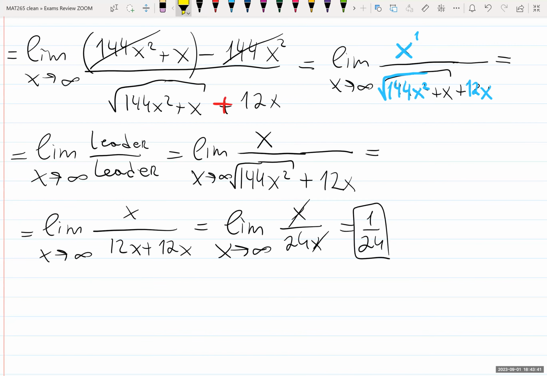This idea of finding the leader at the top and the leader at the bottom only works at infinity. At infinity, polynomials are like comets, right? There's a leader at the head of the comet, and then there's a tail, and the tail can be anything.